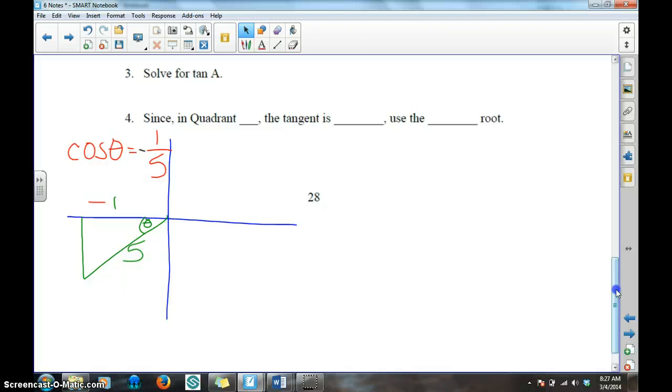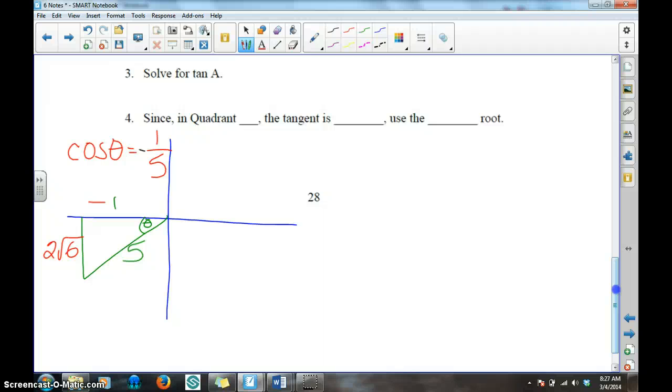I'm going to use those two values to find the third side. Remember, this is the hypotenuse, so 1 squared plus something squared is 25. And I end up with a 24 under a radical, which I'm going to call a 2 rad 6. So rad 24 squared is 24, 1 squared is 1, and 24 plus 1 is 25. In your heads, y'all follow the Pythagorean theorem going on there?